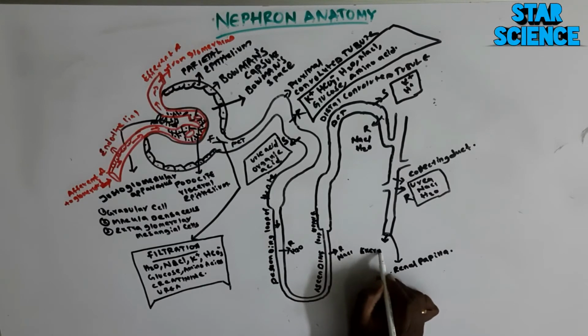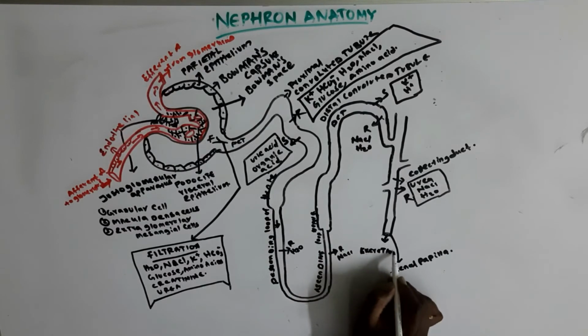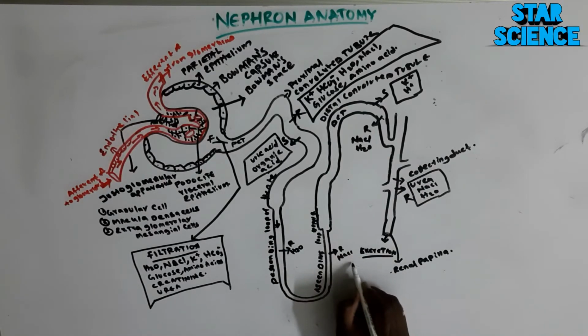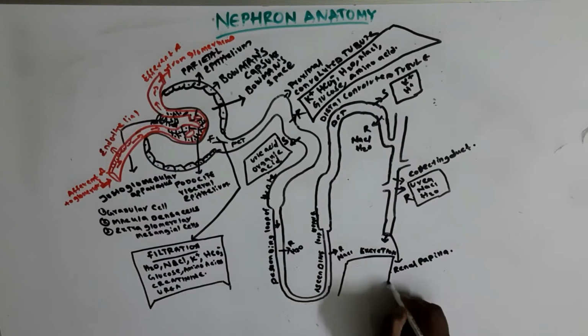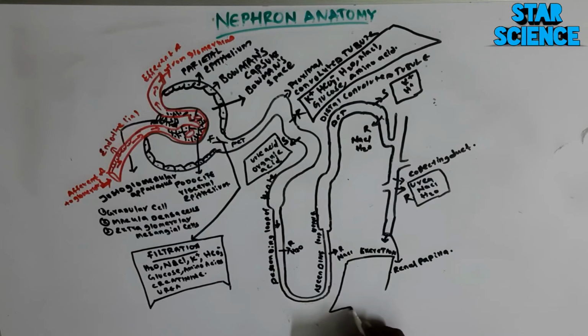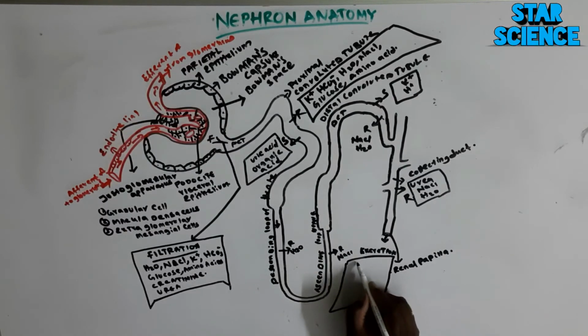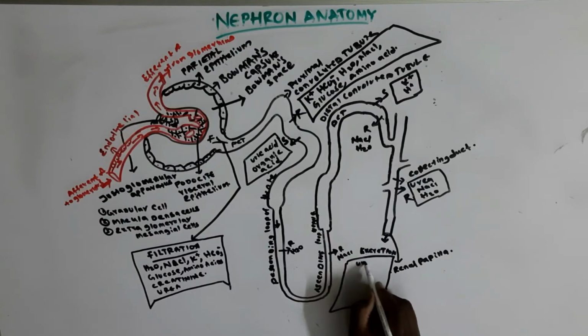So you have to remember what the contents are in excretion. So you don't get confused by thinking every part is reabsorption. You just think that certain amounts will be reabsorbed and certain amounts will still be left. When it passes through the nephron, you will find that in all the places there will be reabsorption and secretion.